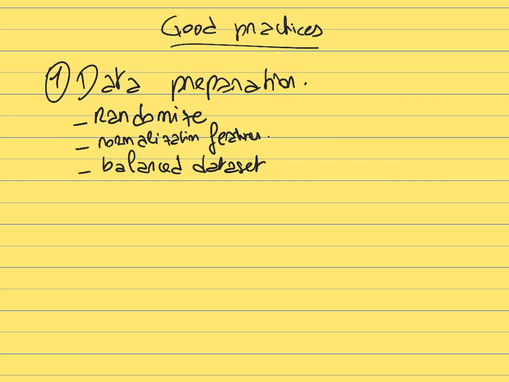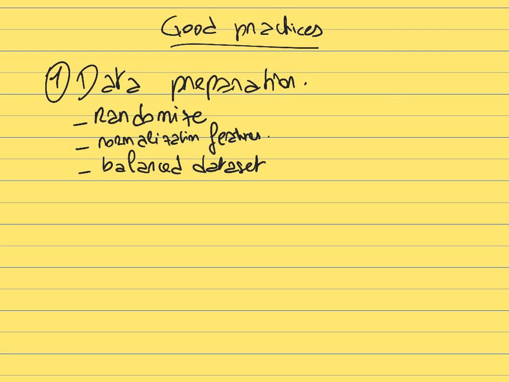It would be an issue if you have certain classes that have much more training examples than other classes. For example, you have some pictures of persons, and you want to predict if they are happy, sad, angry, or surprised.